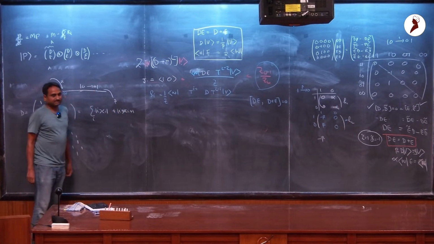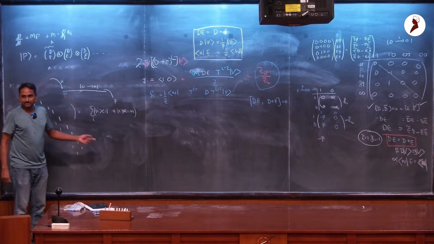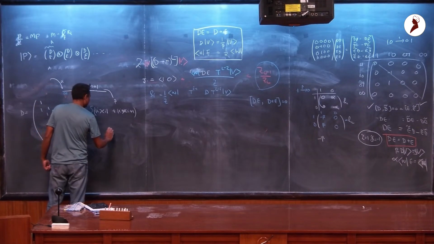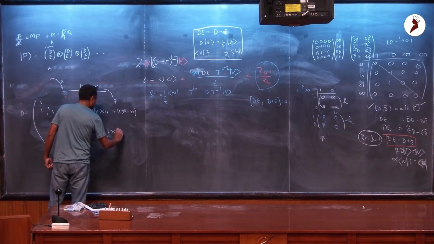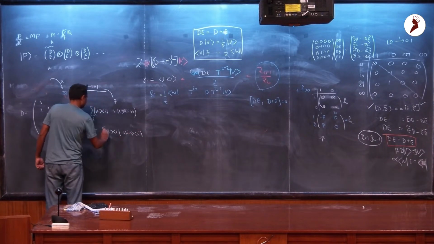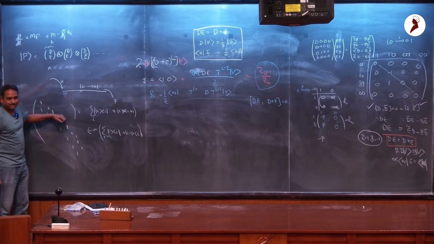These elements are non-zero. This is one matrix, this is D, and E is the summation over I with elements I, I and I minus 1, I. So this is diagonally all 1, and just below the diagonal it is 1.